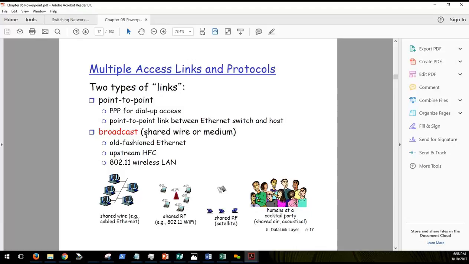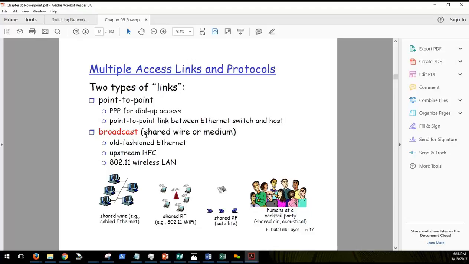All right. So we were just starting to get into multiple access links and protocols. We had said that there are two types of links: a point-to-point link, such as PPP for dial-up, or a point-to-point link between an Ethernet switch and an Ethernet host. Another type is broadcast, where we use a shared wire or medium.